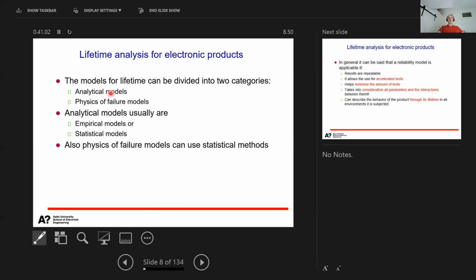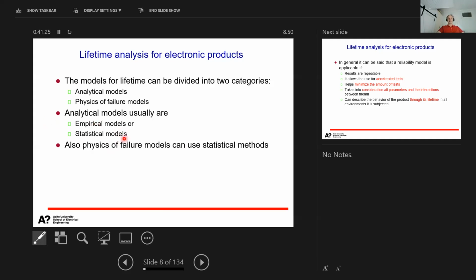And then we have analytical models, which can be, for example, empirical models. So we have just observed that, okay, this failure has mechanical tensile stress effects like this, and then we make a mathematical model, like put a polynomial or whatever there, and then we can solve it.